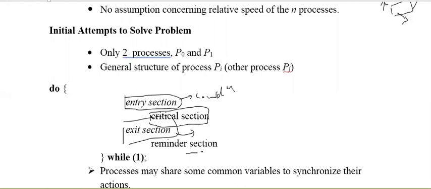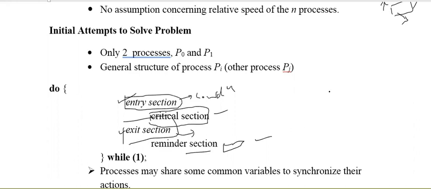Now there is one more section, the remainder section. It's not necessary that the whole process has only a critical section. There will be other lines of code or other resources which are not in sharing mode, and all of that is known as the remainder section. The process wants to execute in this section also. So that is the overall structure. I need to put a lock in the entry section, the exit section, or both, so I need to focus on the entry section and exit section.